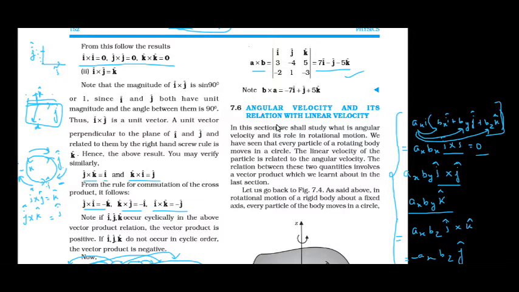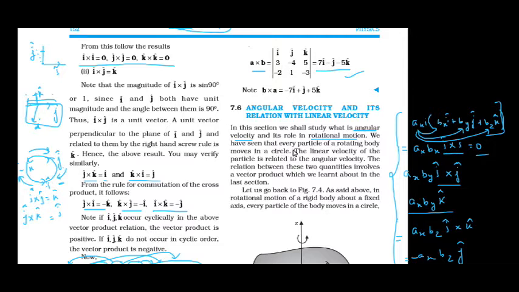Now let us move to the next topic, that is 7.6, angular velocity and its relation with linear velocity. In this section, we'll study what angular velocity is and its role in rotational motion.